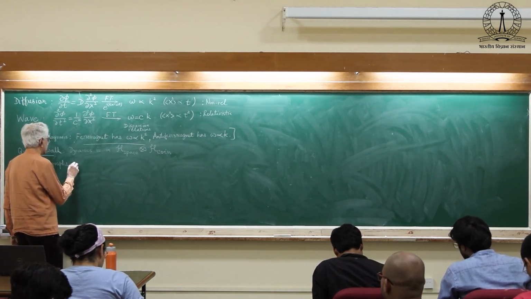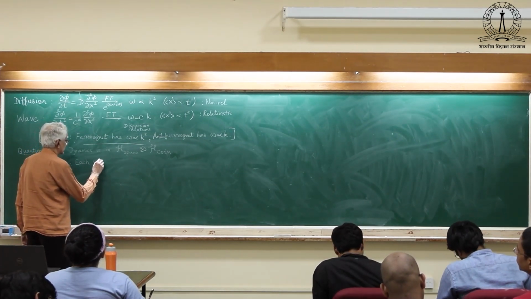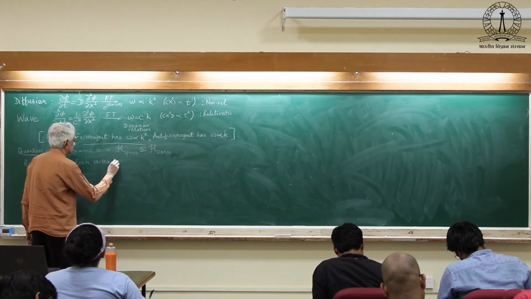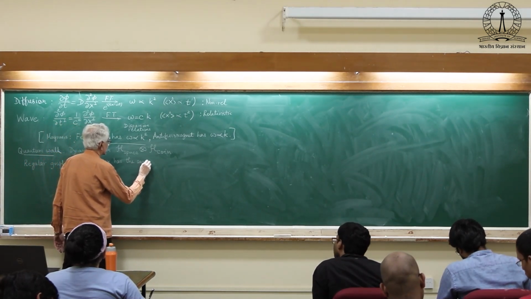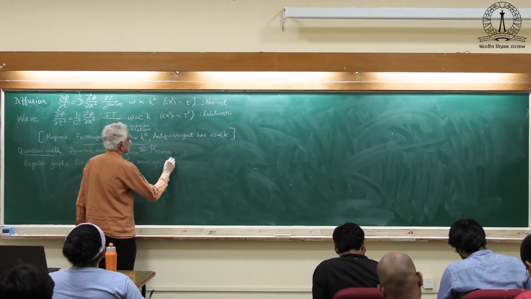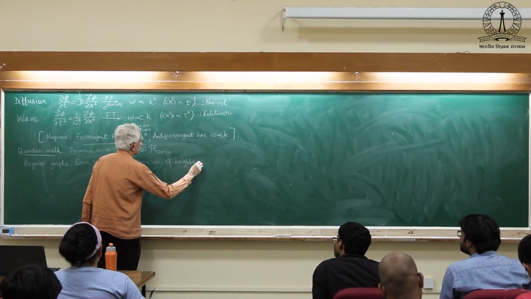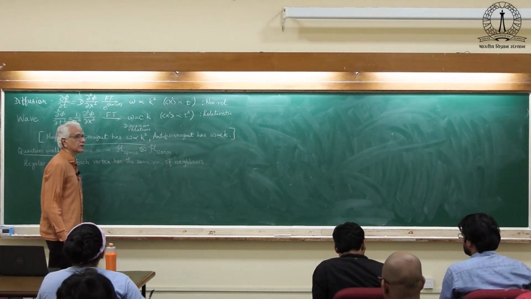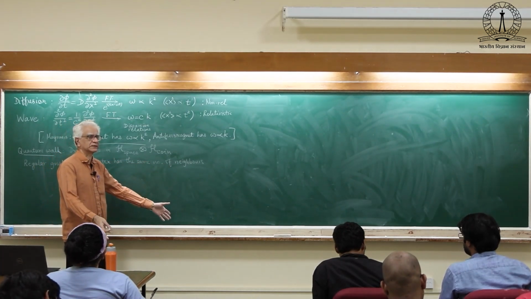The definition of a regular graph is that each vertex has the same number of neighbors. Okay, this is a common situation in a crystal.